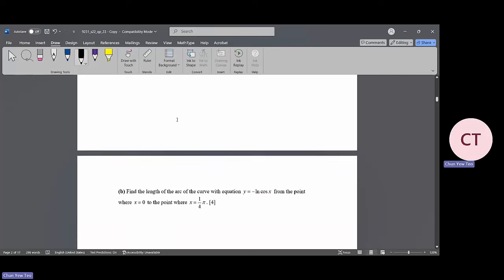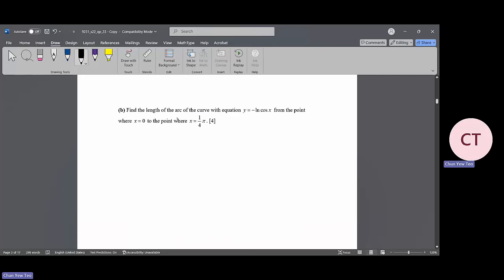Then we move on to number 2b. Find the length of the arc of the curve with the equation y equals ln cos x from the point where x equals 0 to the point x equals π over 4. So this one is the length of arc.